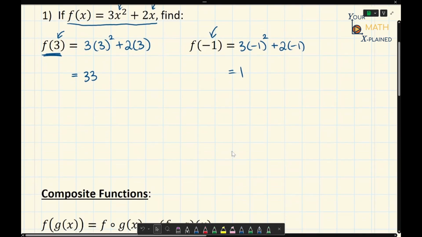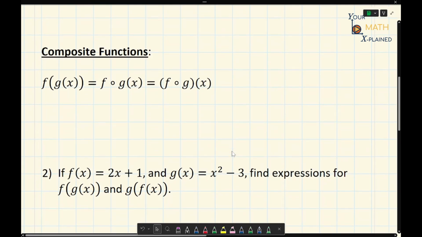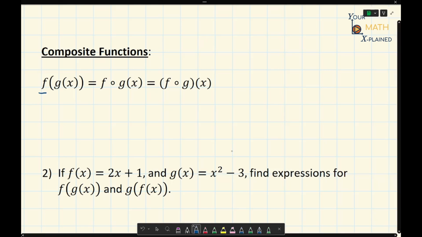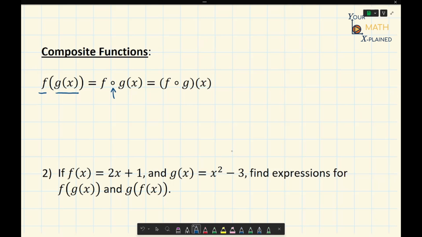Okay, so let's scroll down. Here we have our composite function, and these three expressions are equivalent. Here this is f of g of x, and then this little circle that you see here is also read as "of". So we would read this as f of g of x.